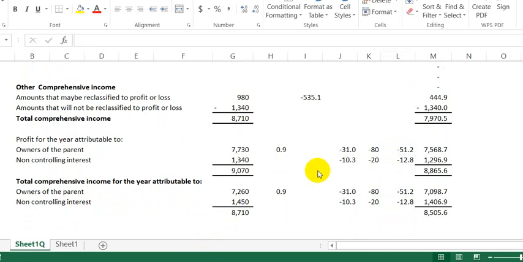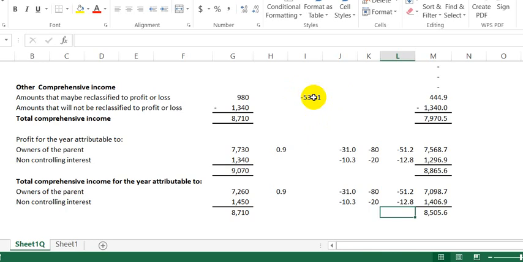Okay, so we are now remaining with the translation of the assets as well as goodwill. What complicates this translation is that the goodwill belongs only to the parent.